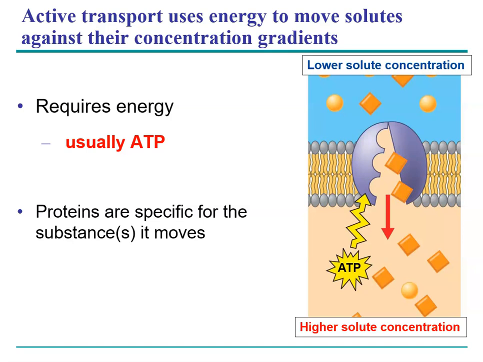So the only way that that's possible is with the use of ATP through active transport, because as you might remember, diffusion with no energy transports a molecule from an area of high to low. So this is low to high, that's the opposite. So we need energy to go against that concentration gradient.